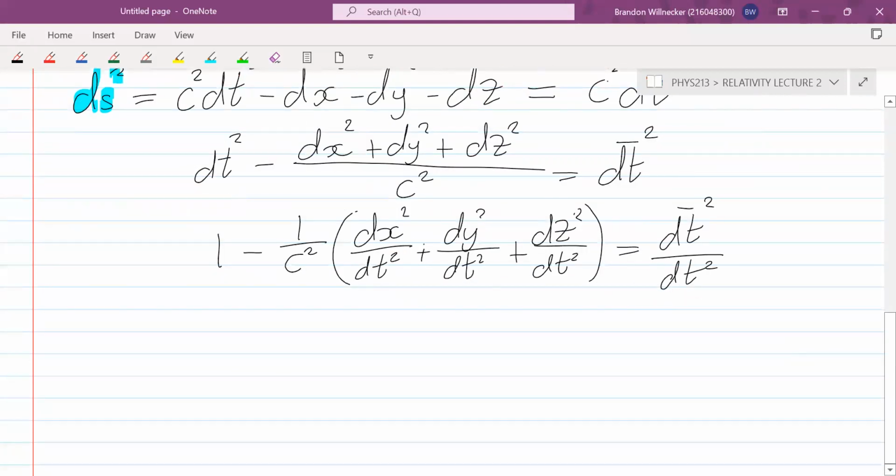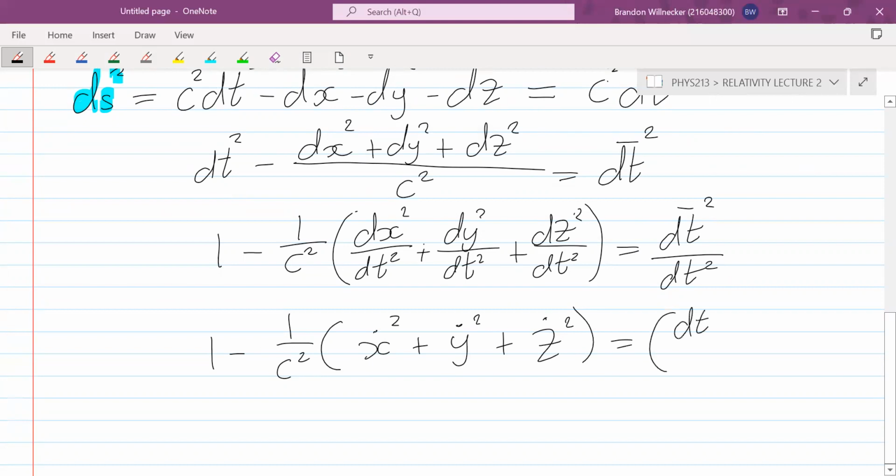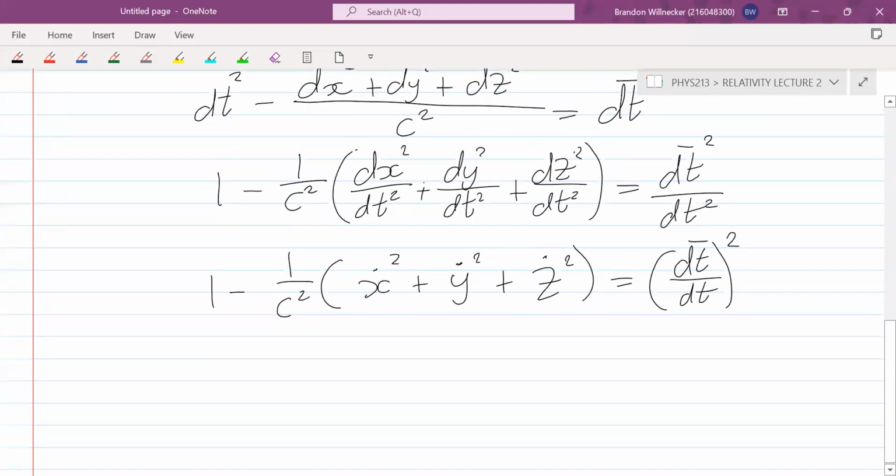Now dx over dt squared is the same thing as writing x dot squared. So we have 1 minus 1 over c squared, x dot squared plus y dot squared plus z dot squared, equals dt bar over dt squared.